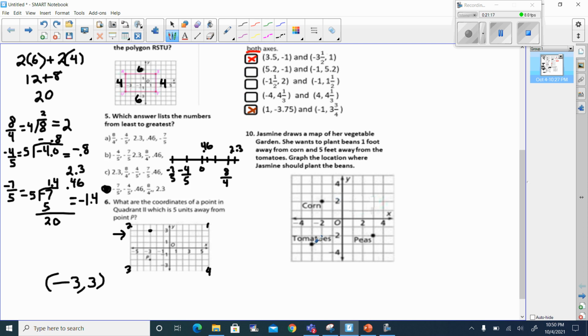The tomatoes is down here. So if I went up 1, 2, 3, 4, 5, I could go ahead and put myself there, and that would be 1 foot away from the corn. So that would be it. If I was going to graph that location, it'd be negative 3 and 2.